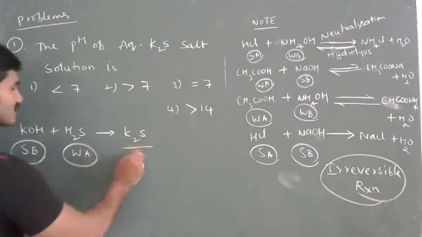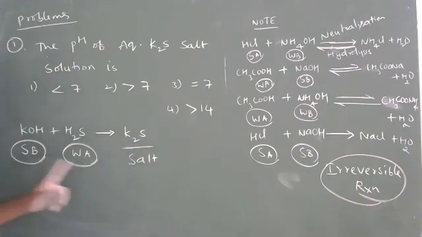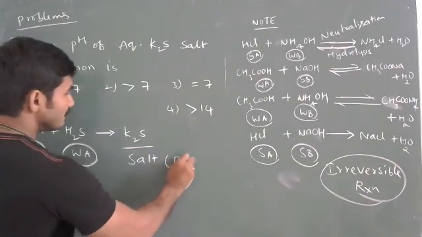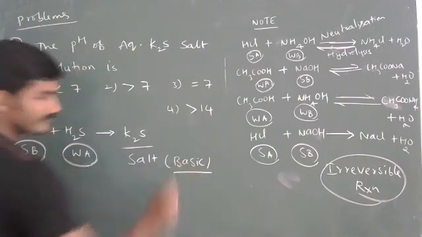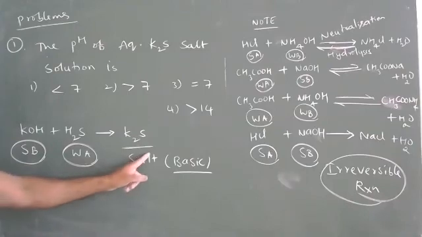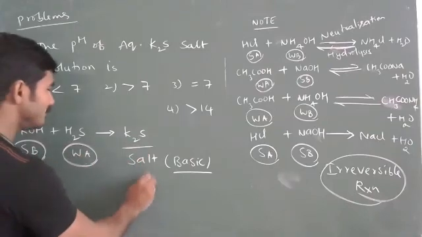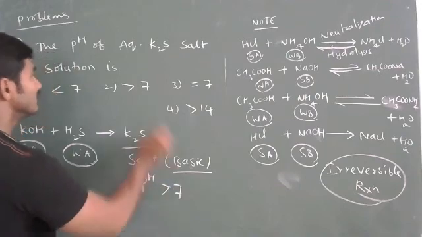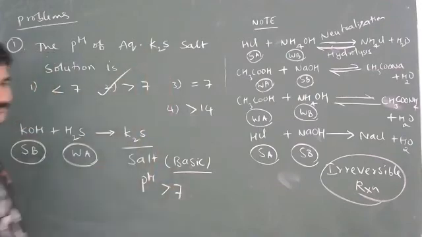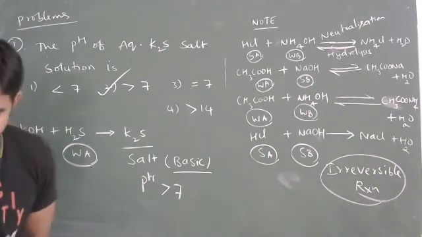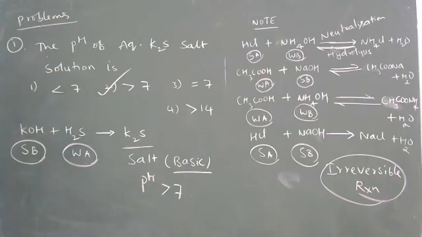So if a salt is formed from strong base and weak acid, its nature is basic. If it is basic, the pH value is always greater than 7. Understood?